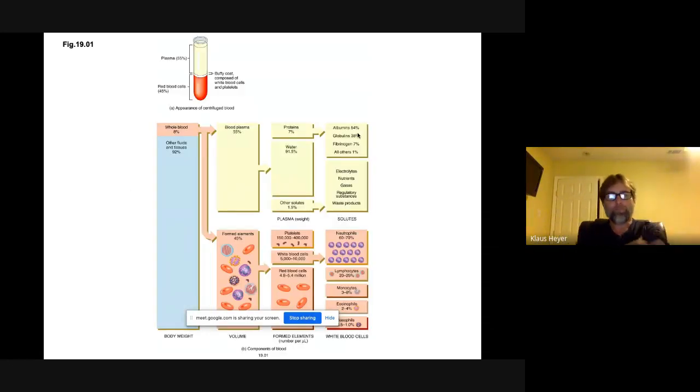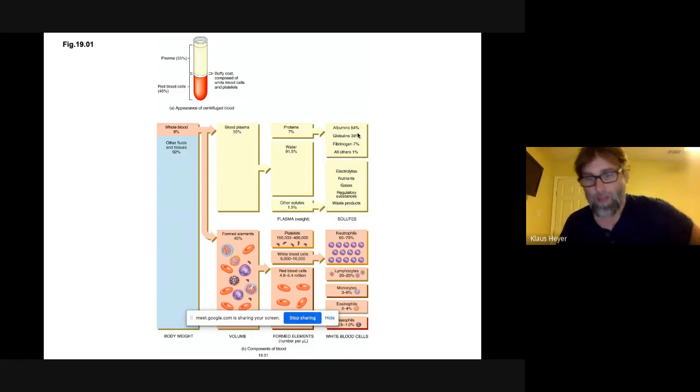Some other things about blood: the pH of blood is about 7.4. There's very little variance; the range is 7.35 to 7.45. You could have a blood pH of 7.3, and we would call that acidic.